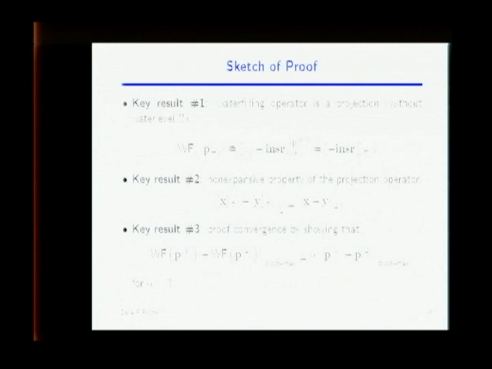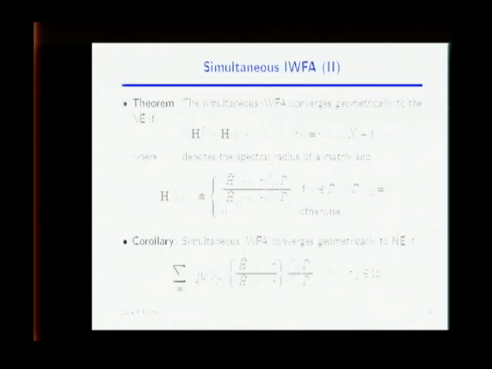Then if you do that, you get this magical alpha. If alpha is less than 1, this is a contraction mapping and the Nash equilibrium is unique. So the only thing you need to do is to find the conditions under which alpha is less than 1. Precisely the conditions under which alpha is less than 1 look similar, right? So these are the conditions.